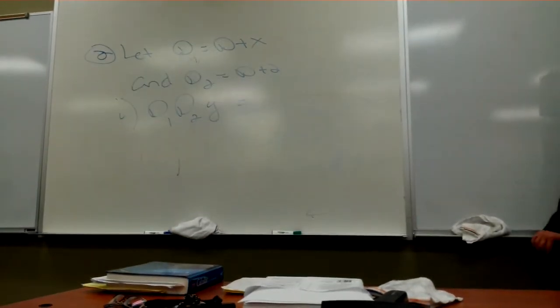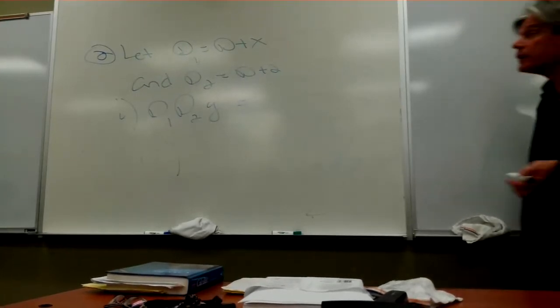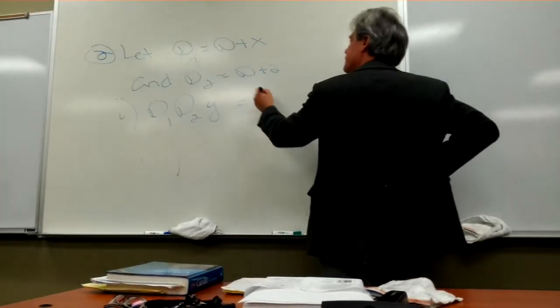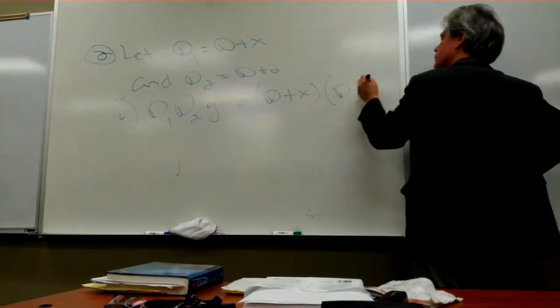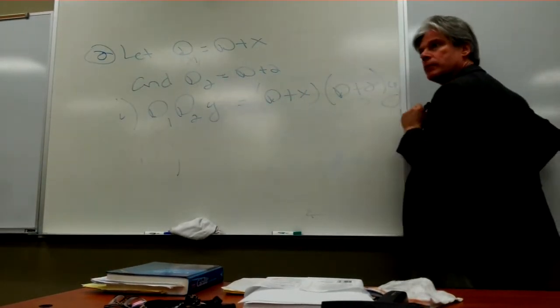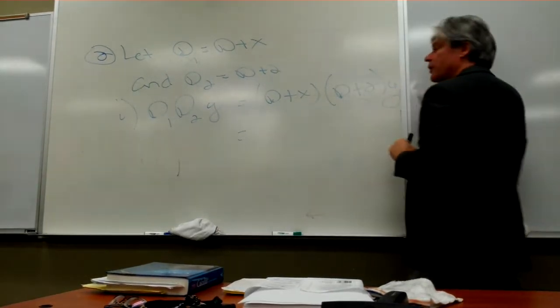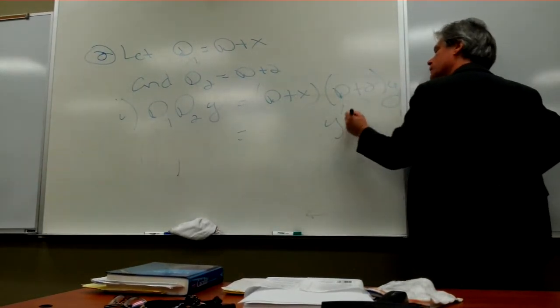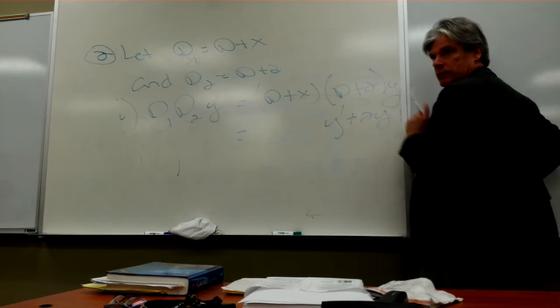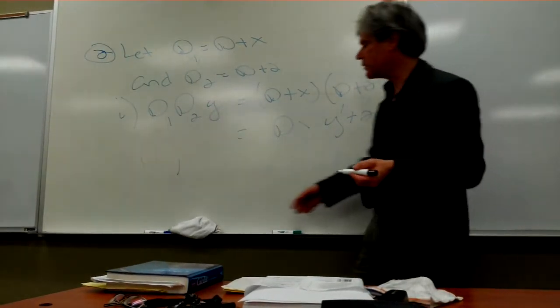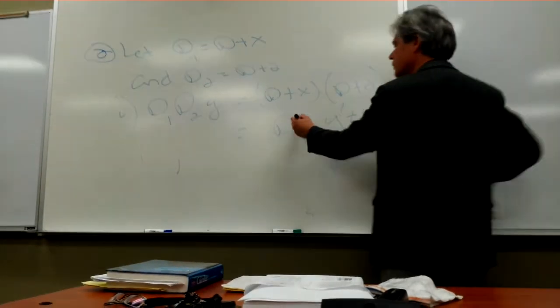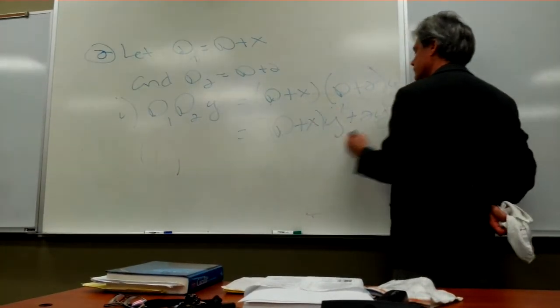Using my notation, notice how D1 operating on D2 operating on y is nothing more than this D1 operating on this D2 operating on y. And to apply this differential operator on y, isn't that just simply going to give me y prime plus 2y? But now acting on that function with this differential operator, let's see what we generate.